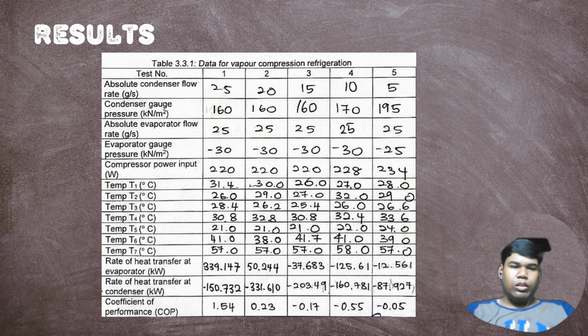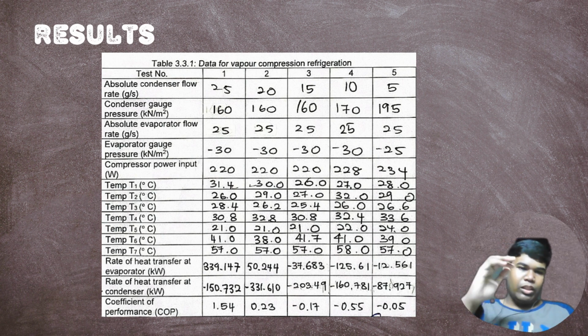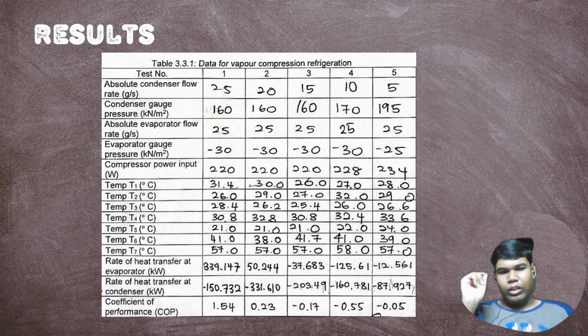Here are the results of our experiment. We calculated and measured a few things, which include the absolute condenser flow rate, the condenser gauge pressure, evaporator flow rate, the gauge pressure of the evaporator, and the compressor power input. We also evaluated the temperature at 7 different points, the rate of heat transfer at the evaporator and the condenser, as well as the coefficient of performance.